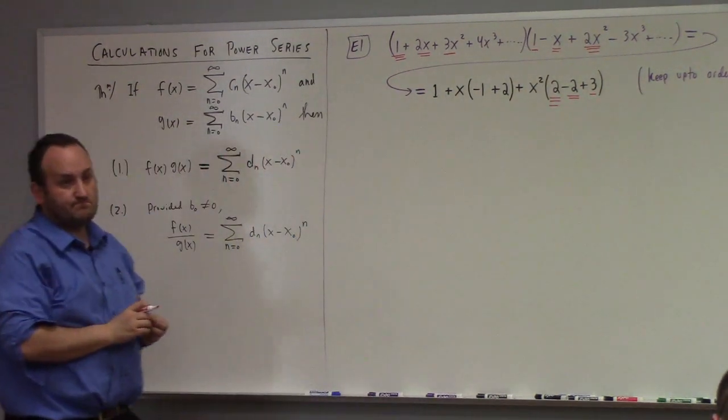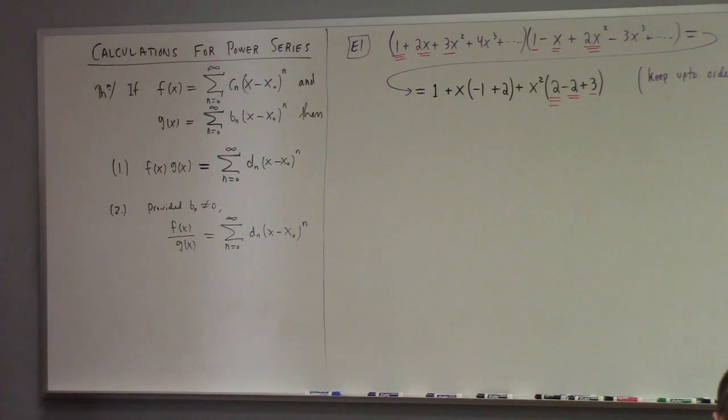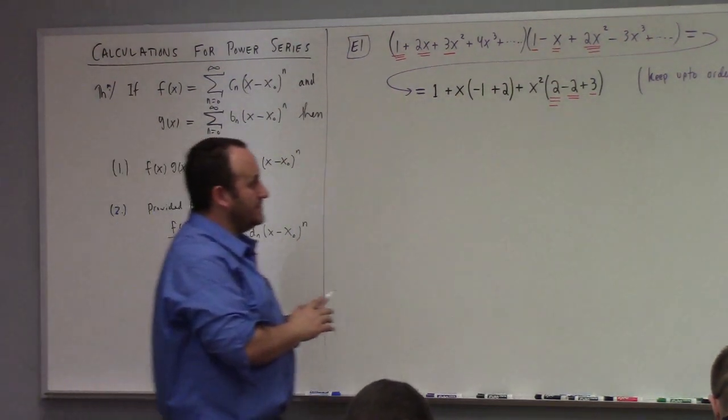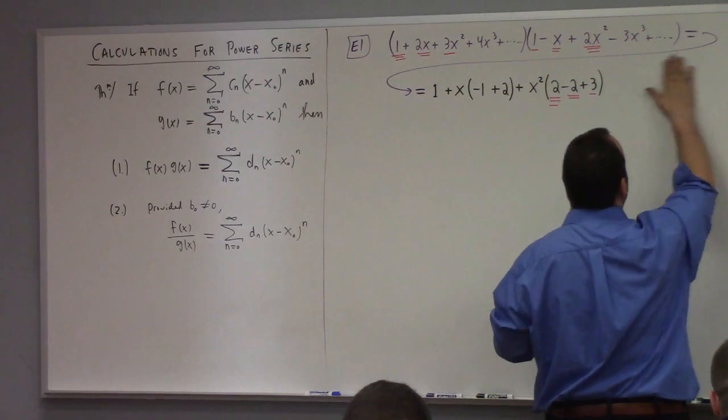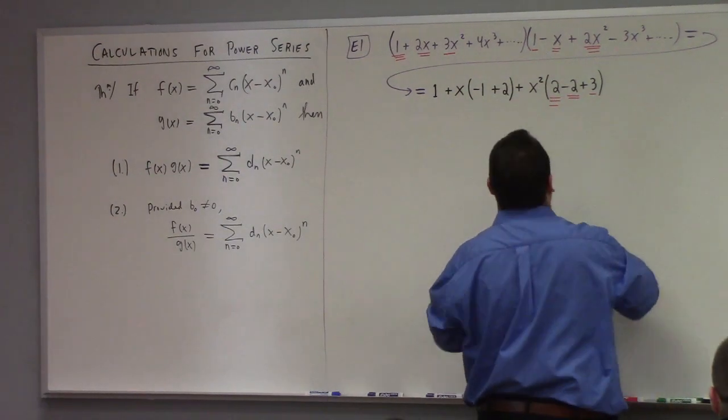You just got to be careful to be consistent and not to miss anything. Just like regular multiplication of polynomials, which you guys are already really good at, so this should be not a big deal. What's next? Order 3.